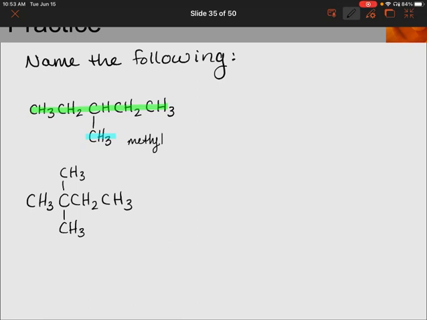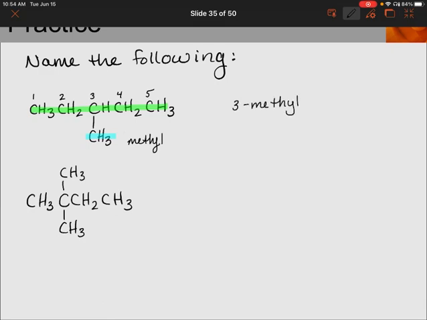All right, and let's number our carbons so that the methyl group has the lowest number possible. Now in this case our molecule is symmetrical, so it doesn't really matter which way we number it. We're going to end up with the methyl group on carbon 3. Okay, so that's 3-methyl.